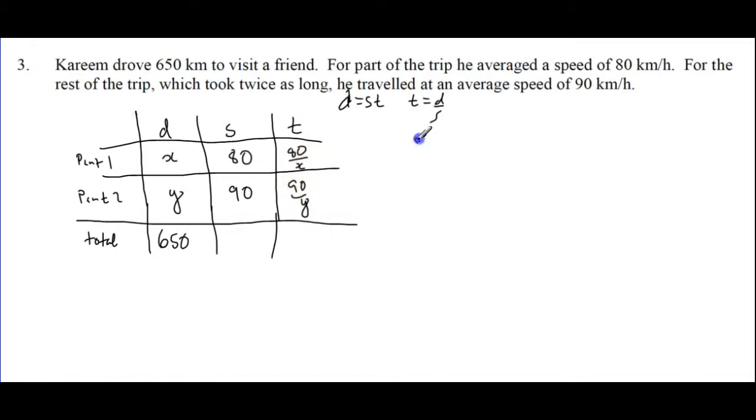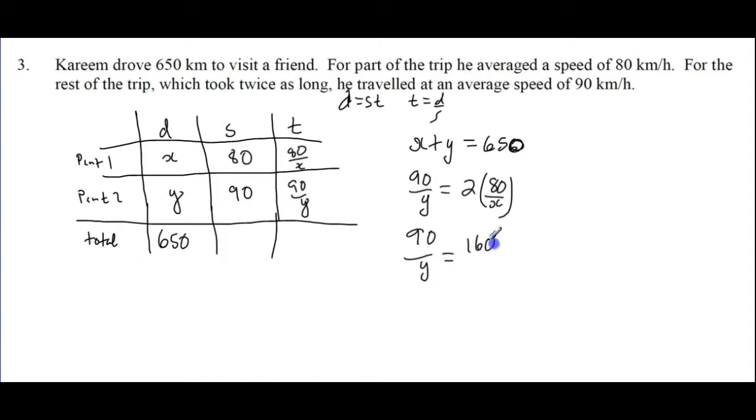Okay, so let's do this. We got x plus y is equal to 650. Whoops. And we know that this time is twice this time. Right, so that 90 over y is equal to 2 times 80 over x. So 90 over y is equal to 160 over x.